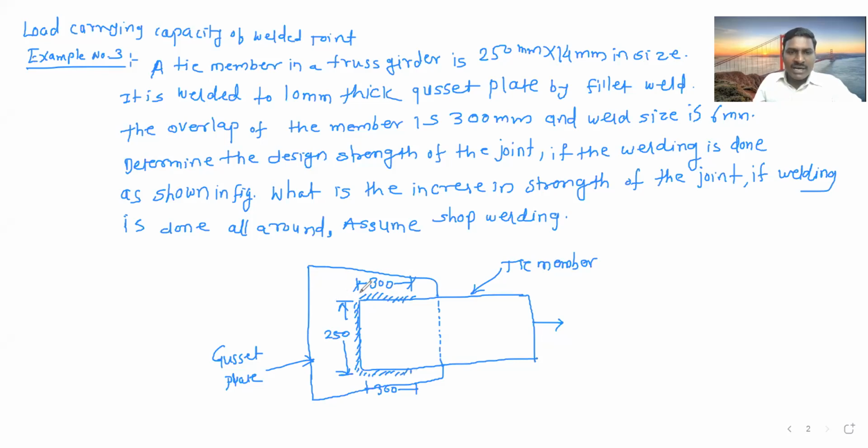So 250 height, 300 mm top side, and 300 mm bottom side. This way they have done the welding. Got it, everyone? Draw the sketch, everyone. Then we will solve the example, and we have to find the design strength of the weld.